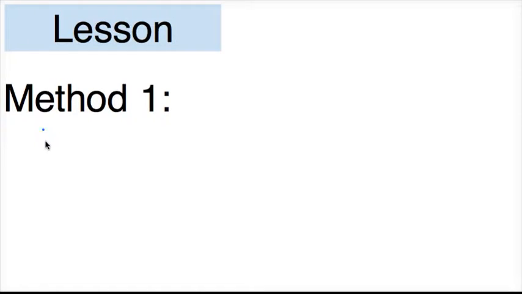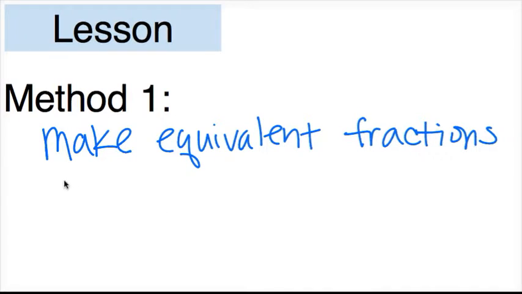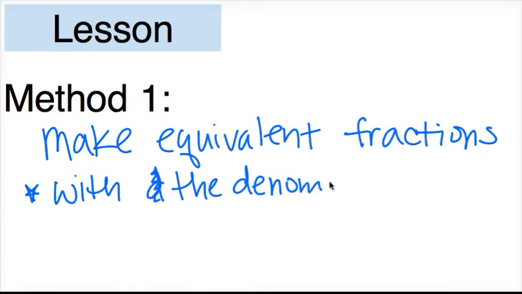So the first method is to make equivalent fractions, and what you want is for this equivalent fraction to have the denominator as a power of 10.